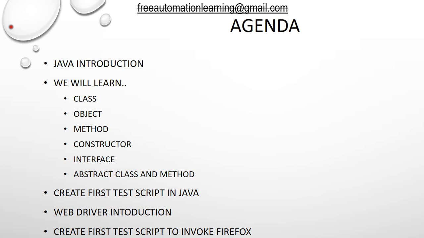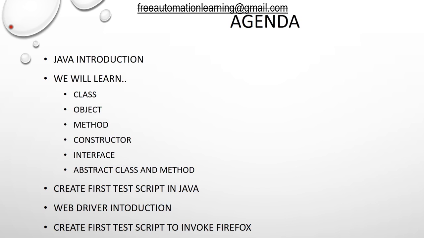I will explain what Selenium WebDriver is, what the interface in Selenium WebDriver is, and how we can use the methods defined in the Selenium WebDriver API. API means the Selenium WebDriver jar file, and we will see how we invoke the Firefox browser. By doing this, we will create a small test script.